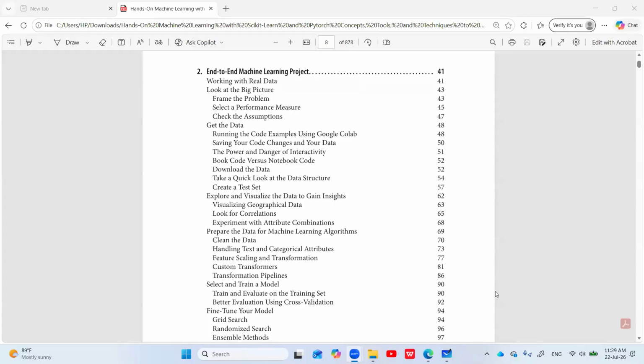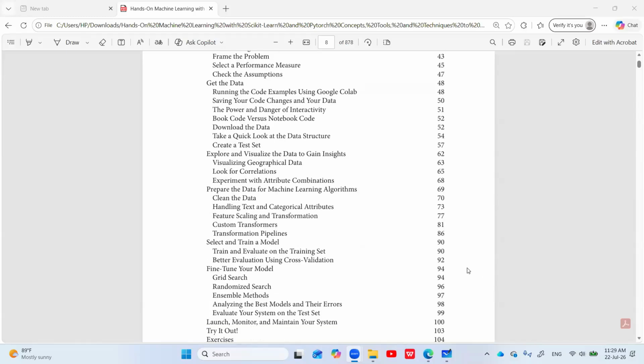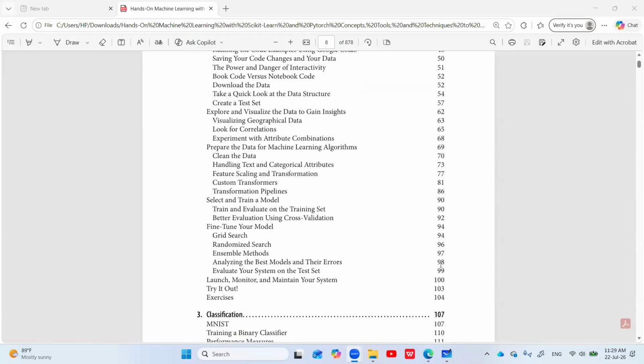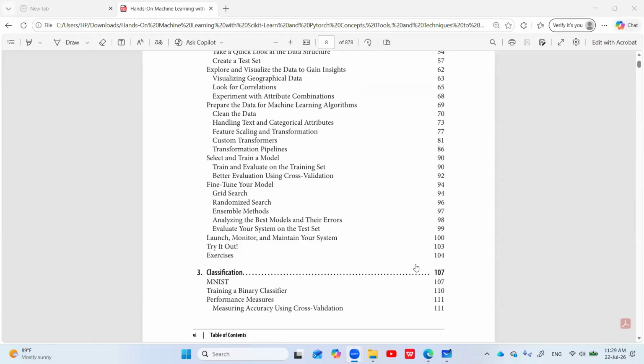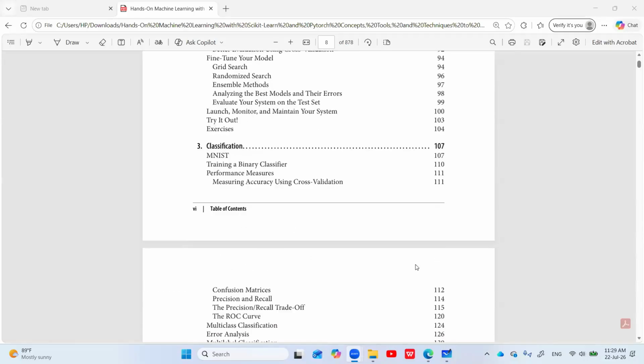We will also discuss how to visualize data, how to prepare the data for a machine learning algorithm, and how to select, train, and evaluate a model. All of those things we will be discussing under chapter 2.